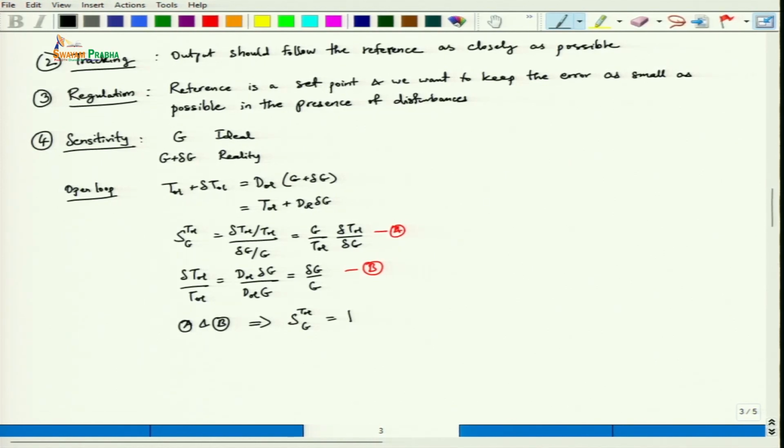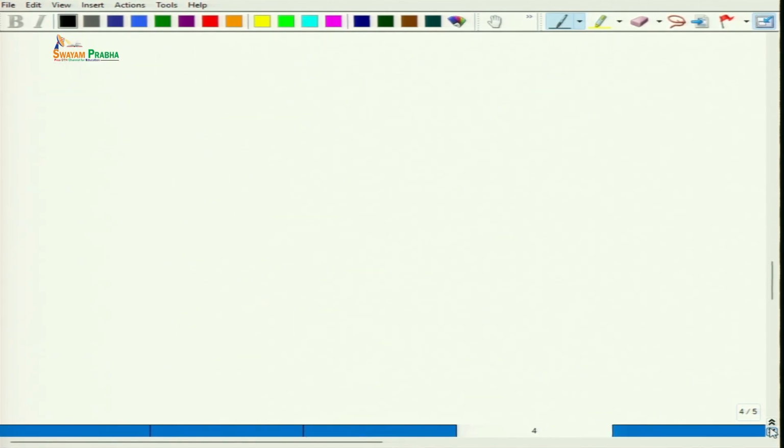So for an open loop system, it does not matter whatever the controller DOL may be, you will always get the sensitivity of the open loop transfer function with respect to G to be 1. Now let us look at what happens in the closed loop case.